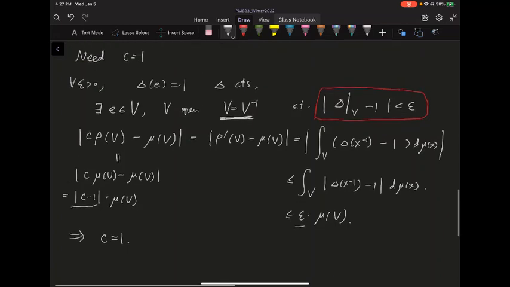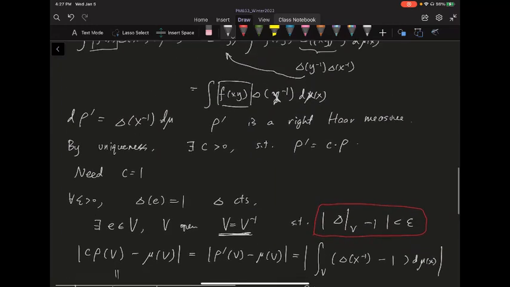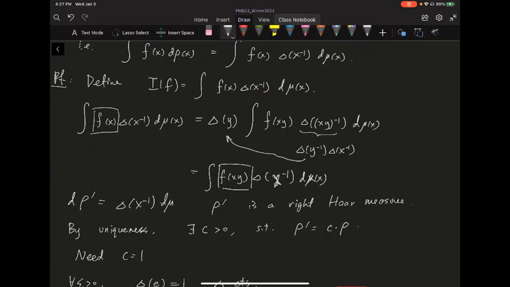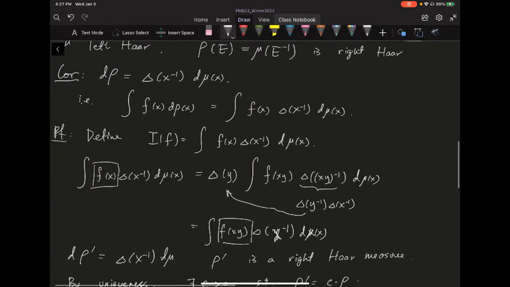And I just want to point out one thing. Actually there are two things I want to point out. First of all, you may be tempted to say, this formula here really looks like d rho over d mu is equal to delta of x inverse. It's a change of variable formula, and you may be tempted to say this looks like a Radon-Nikodym derivative.